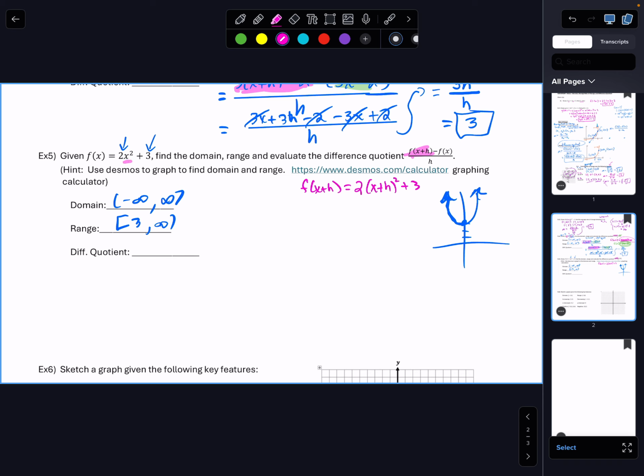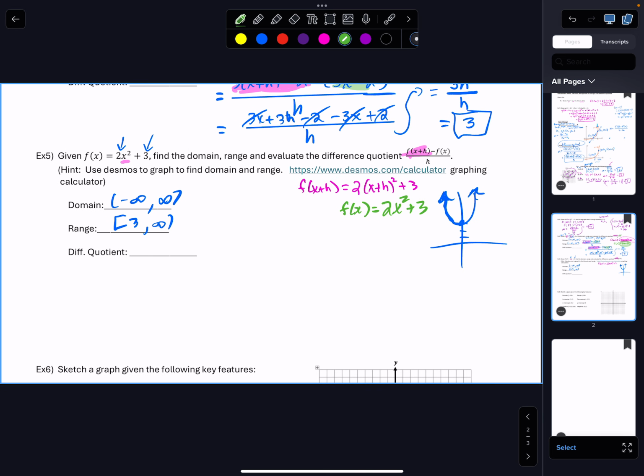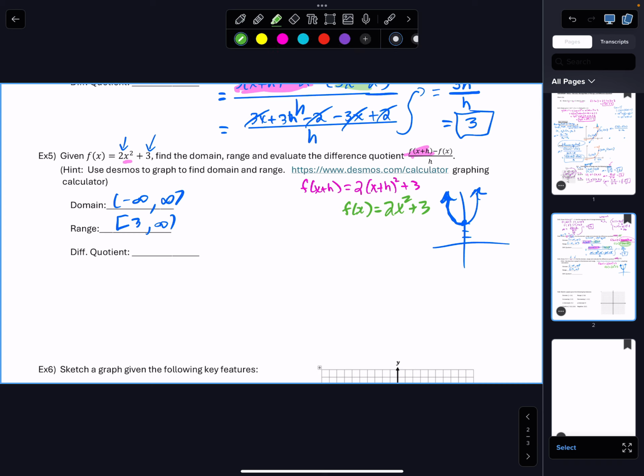That is this function where you replace x with x plus h. And then you're going to need f of x. And f of x is the 2x squared plus 3. That is what you're plugging in for f of x.